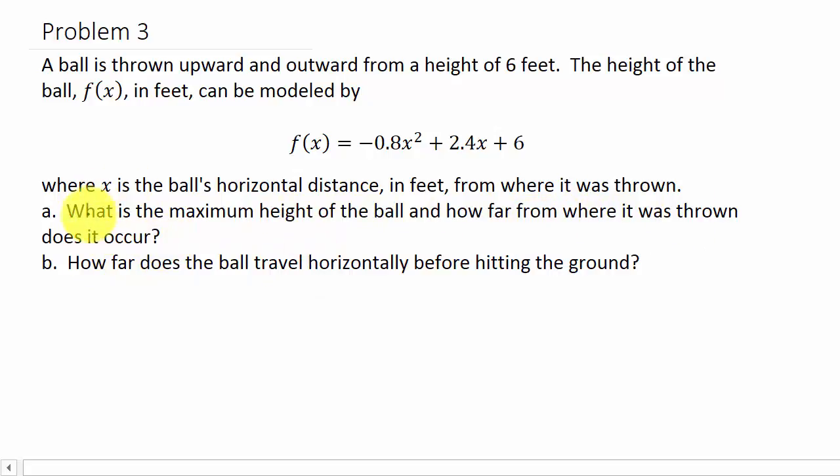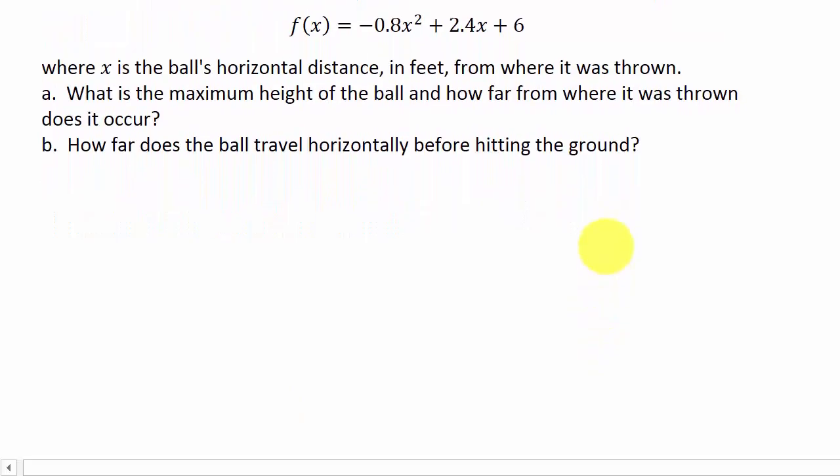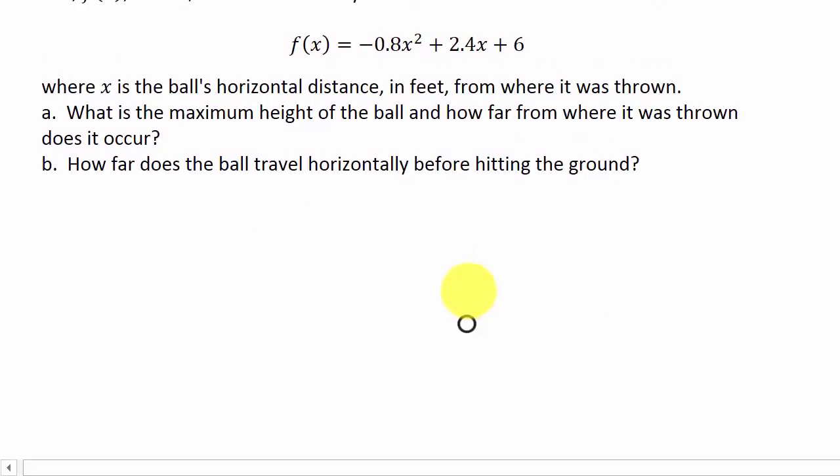Alright, so let's answer part A first. I think what we'll need to do here is draw a little sketch of this. So we know when x is 0, if we plug 0 into here, we'll get 6.